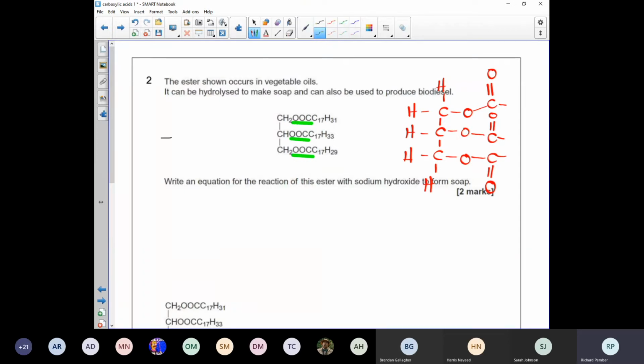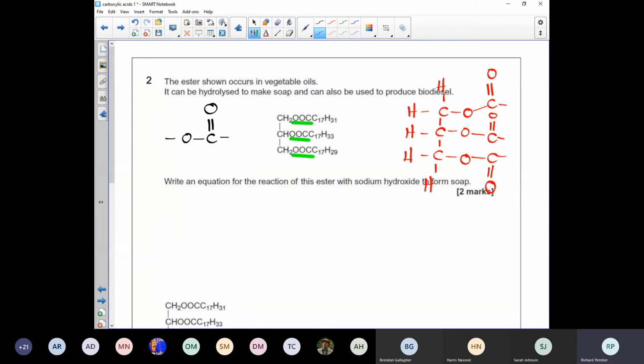So probably in your notes, when you draw your ester link, you'll draw it like that. But here, as we've got our triglyceride drawn, we can see that that oxygen is on the other side, like that. So those are our 3 ester links.